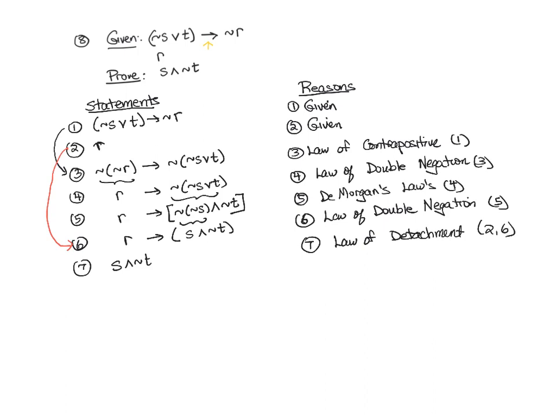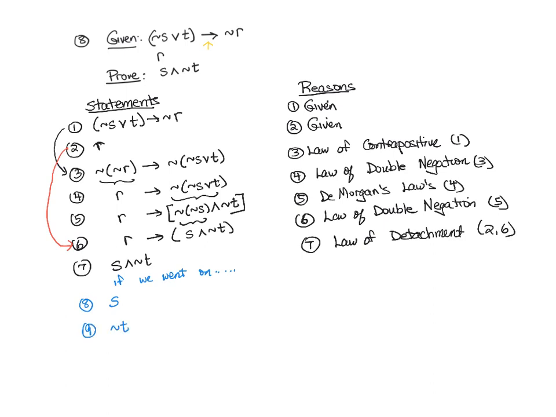Okay, now there's something else we could conclude here if we went on. We could also prove that S is true. And we could also say that not T is true.